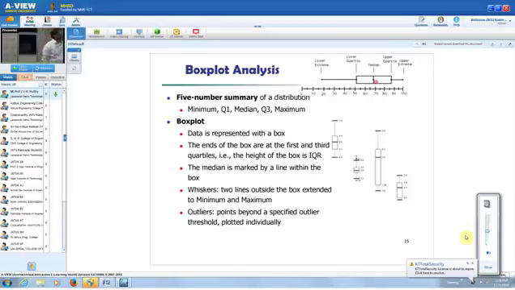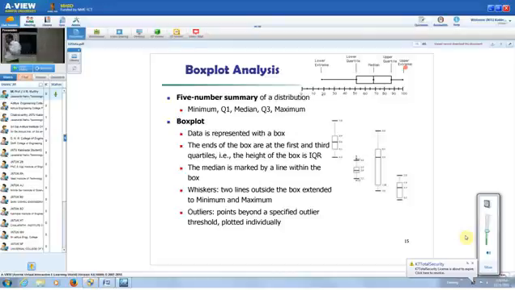After the upper quartile, which is the beginning of the third quartile, up to the upper extreme, the remaining 25% of the elements are there. So that is how the box plot is drawn.